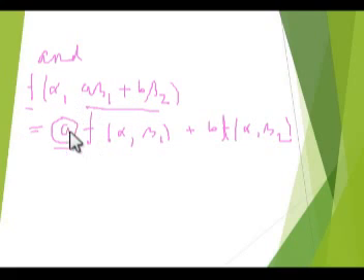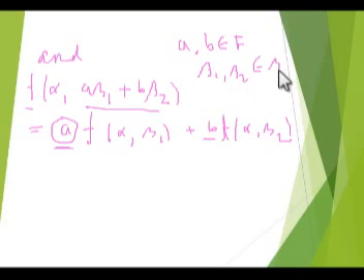It is simply a and b. If a and b belong to the complex field, we still don't need to take the conjugate. Here a and b belong to the complex field, and beta 1 and beta 2 belong to V. So these are the two conditions for the bilinear form.